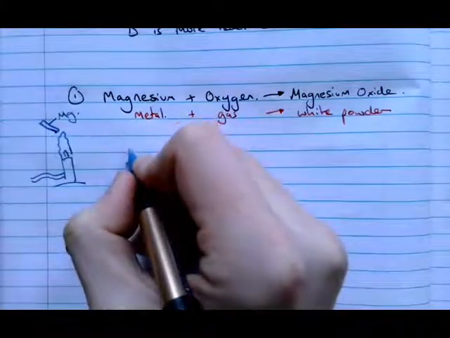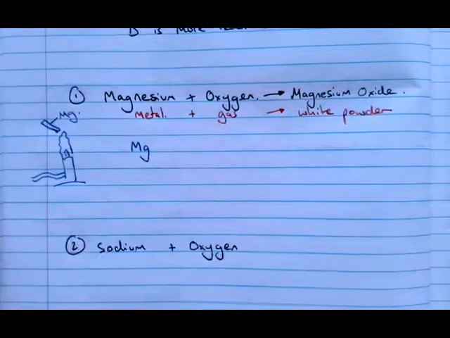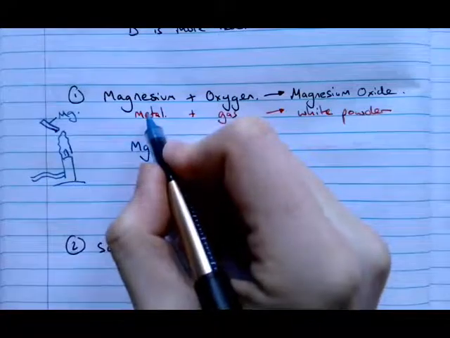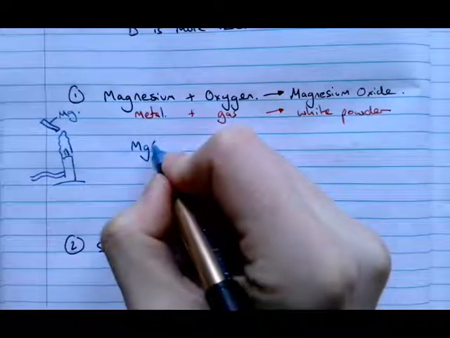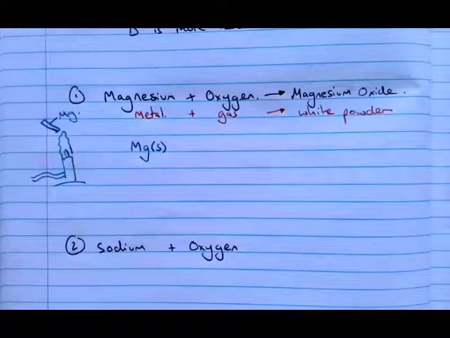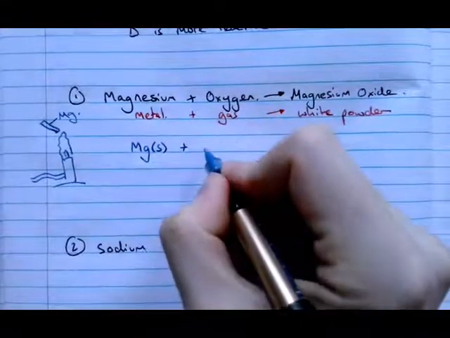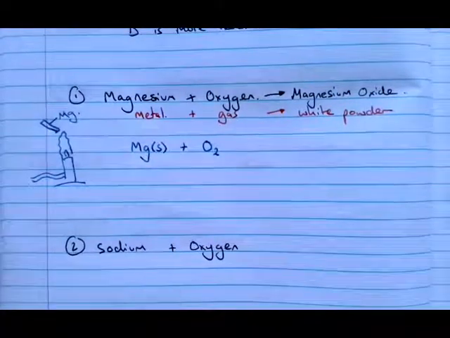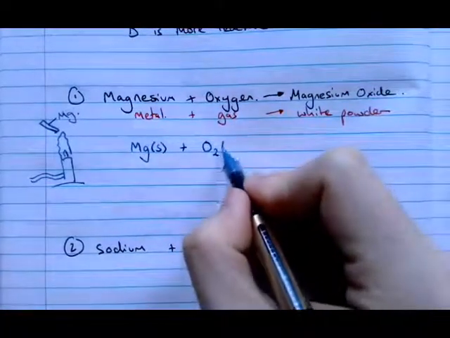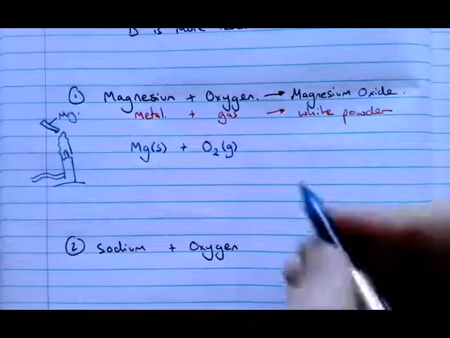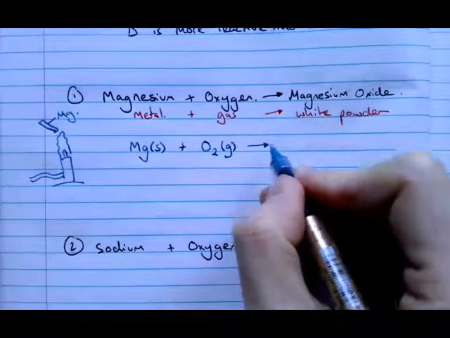Magnesium is Mg, and because it's a metal, it's a solid, so we add in brackets S for solid. Then that's burning in oxygen. The formula for oxygen, remember, is O2. Oxygen is a gas, so we put a G in the brackets next to that. And we're making magnesium oxide.